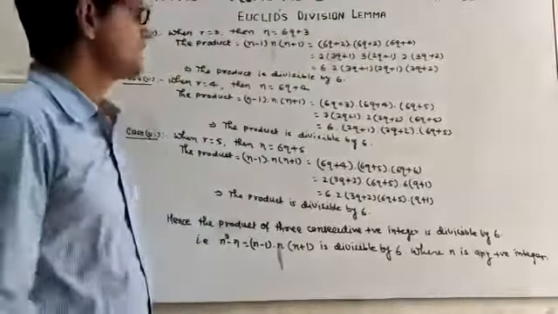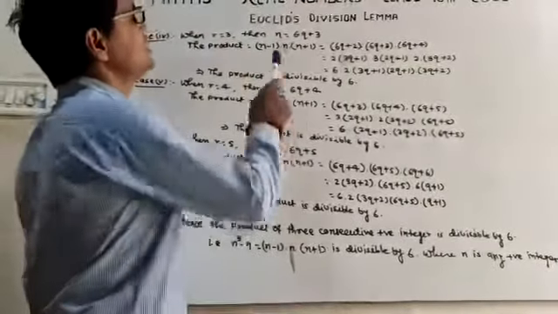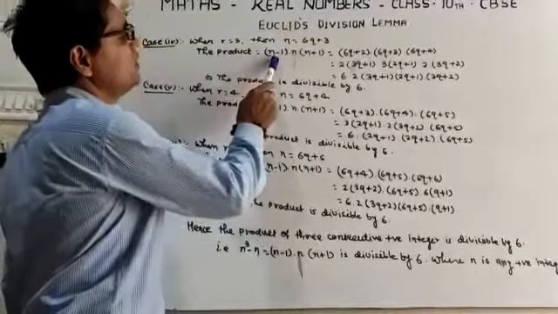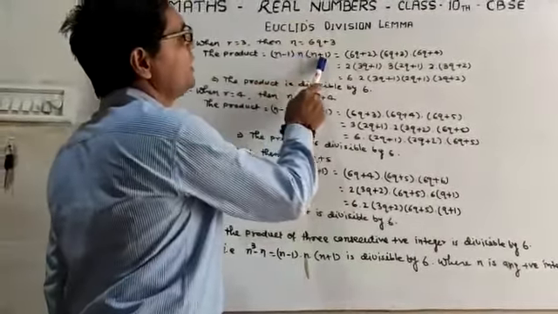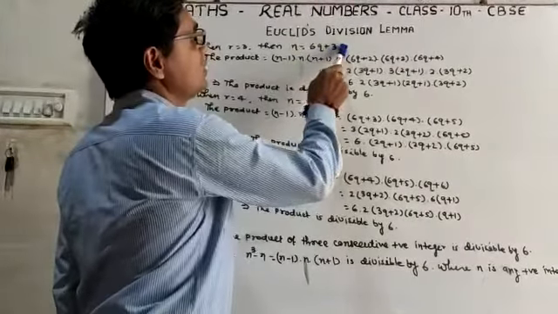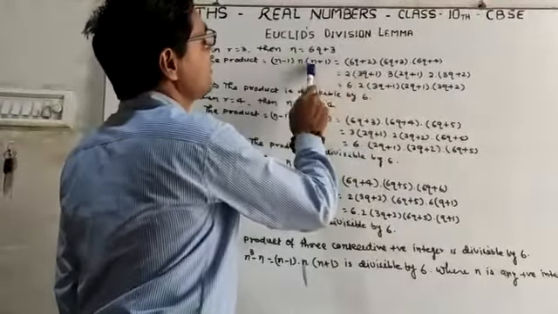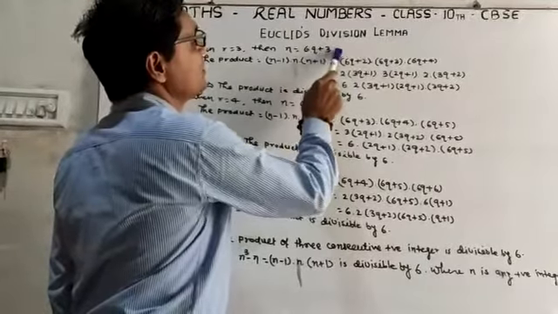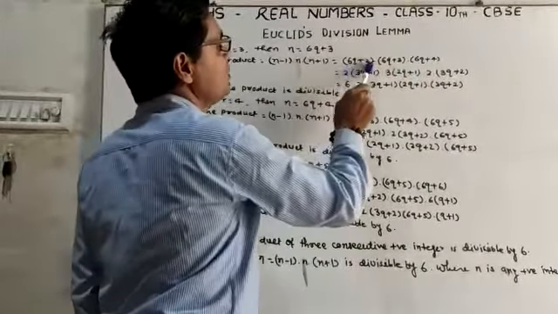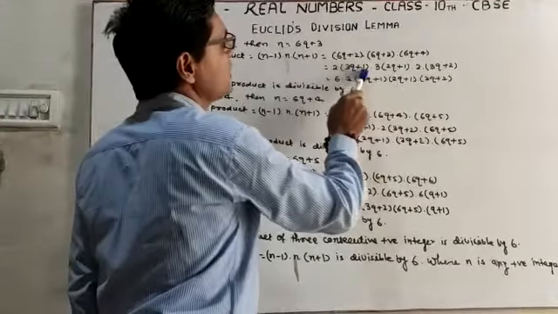Case 4. When r is equal to 3, then n will be equal to 6q plus 3. The product will be n minus 1 into n into n plus 1. N minus 1 means 6q plus 3 minus 1, that will be 6q plus 2, n is 6q plus 3, n plus 1 means 6q plus 3 plus 1, that is 6q plus 4. Here 2 can be taken as common factor in 6q plus 2, then this will be 2 into 3q plus 1.